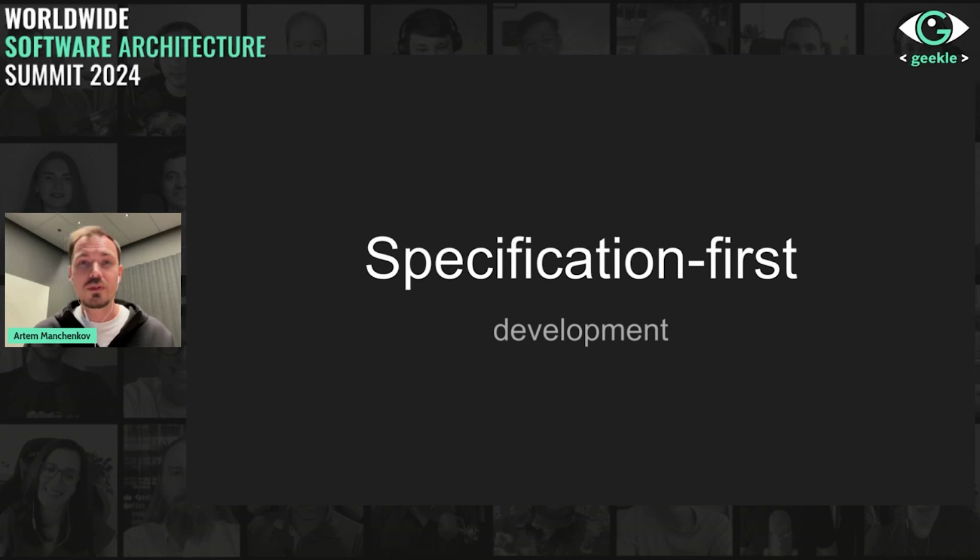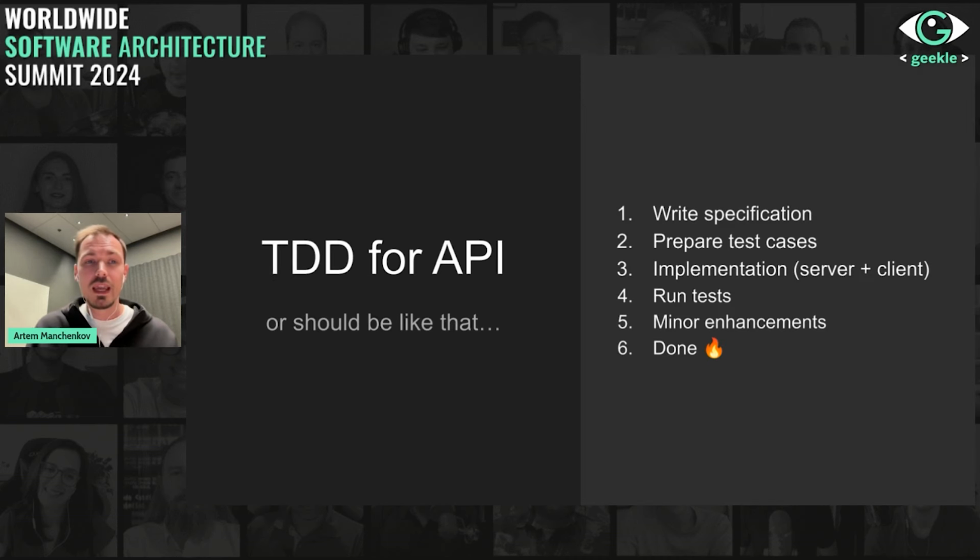You can encounter this approach also known as design-first. And it is a way of development when you start with a specification document before the actual implementation. And it might be any specification: Swagger, or maybe some particular document which fits your company standards.